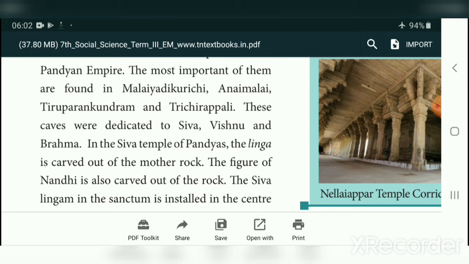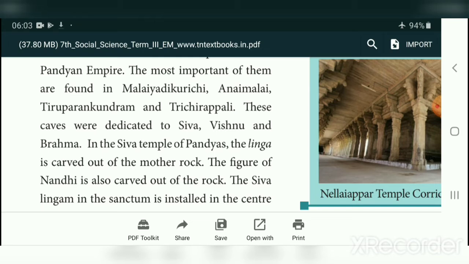In the Shiva temple of Pandyas, in the Garbhagriha, we can see that the Linga is the main statue. The Linga is carved out of the mother rock. In front of the Linga there is a Nandi in a sitting position, which is also carved out of the same mother rock.